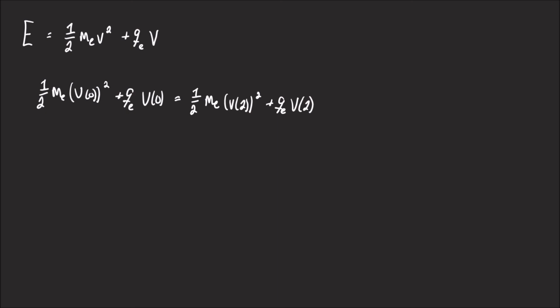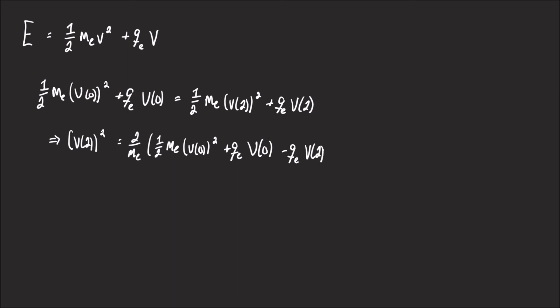This means that v of 2 squared is 2 over the mass of the electron times 1/2 m_e v of 0 squared plus q_e times the potential at 0 minus q_e times the potential at 2.